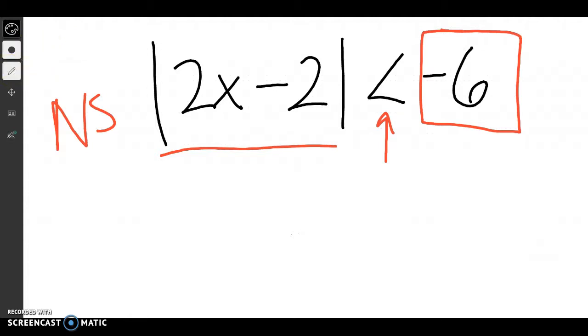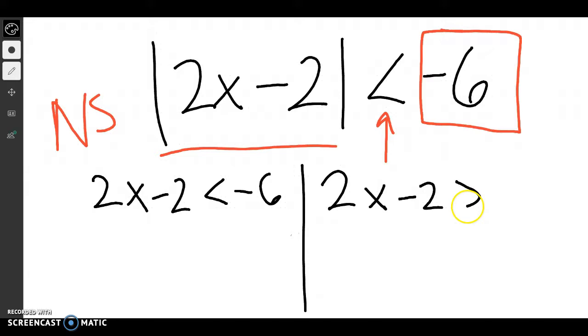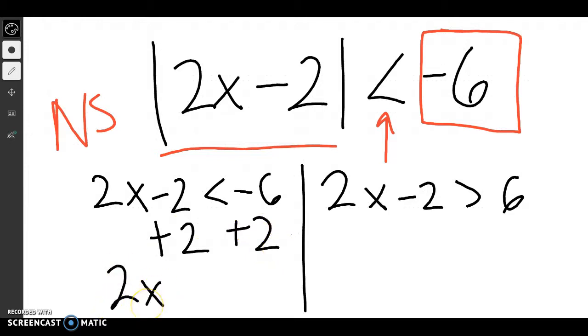So the first thing we would do is we would again split it down the middle. You'd get 2x minus 2 is less than negative 6, and you'd get 2x minus 2 is bigger than 6. So we would solve this, add 2, add 2. I would get 2x is less than negative 4.